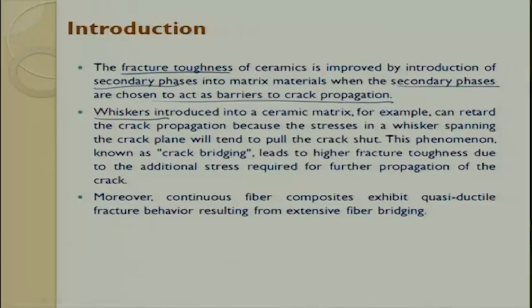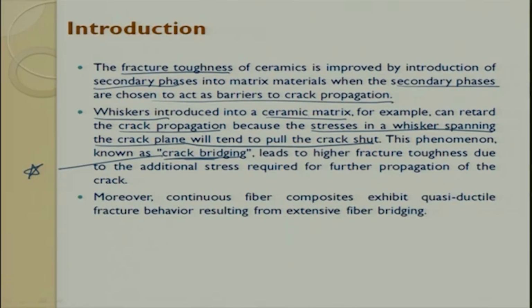The whisker and particulate, the difference being aspect ratio, is introduced into the ceramic matrix for retarding the crack propagation, because the stresses in the whisker spanning the crack plane will tend to pull the crack shut. This phenomenon is called crack bridging. Crack bridging is a very important phenomenon.